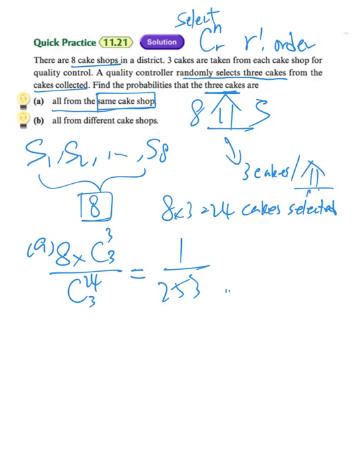Okay, for part B. Now there may be a misconception right there. Of course, you can see the same and different from part A and part B, but these two are not complementary.